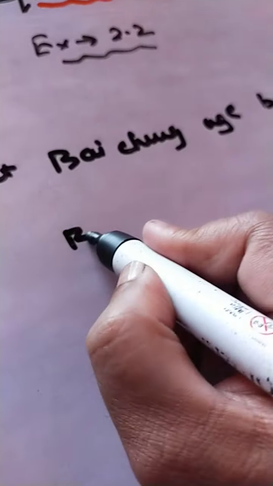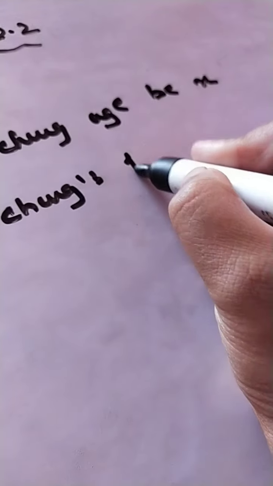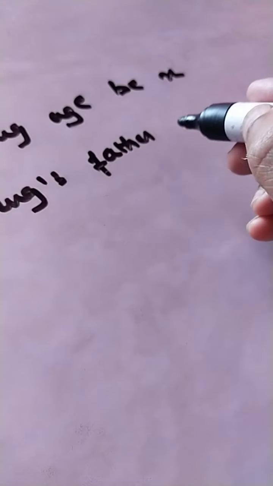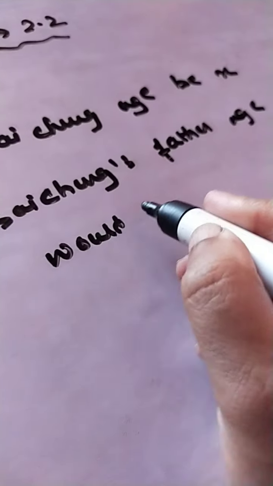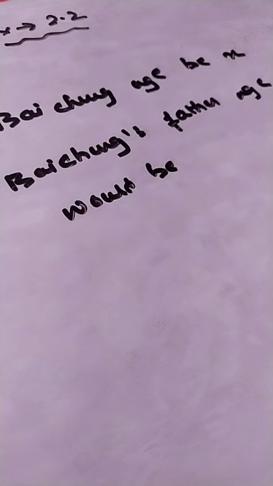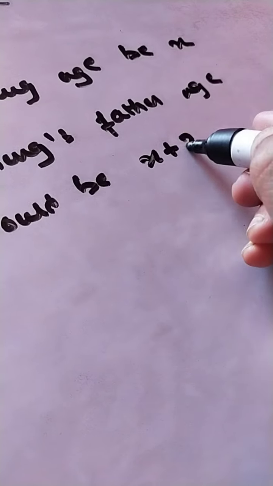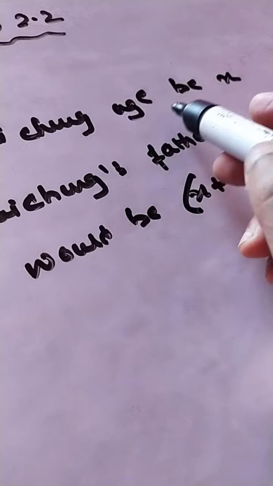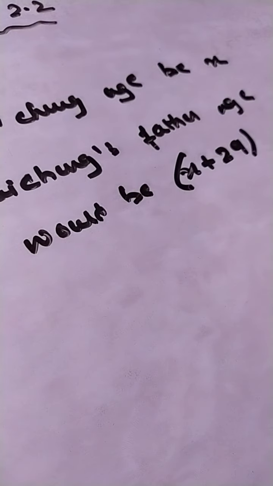So if Baichung's age is x, Baichung's father's age would be what? How many years is Baichung's father older than Baichung? It is 29 years. So that would be x plus 29.